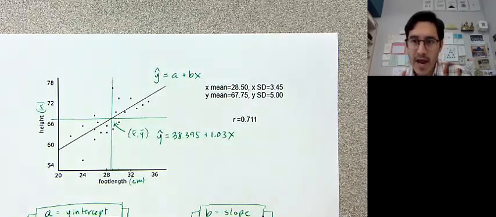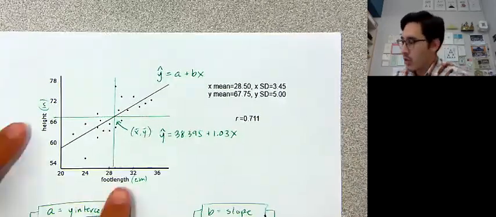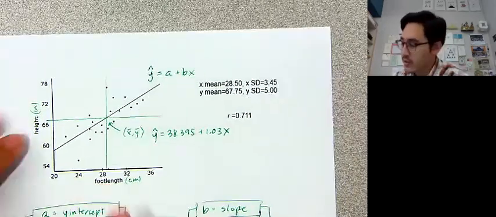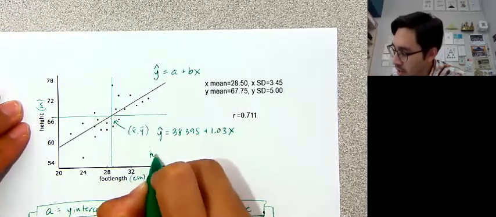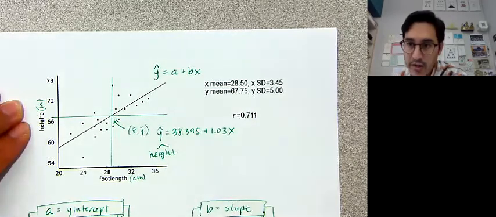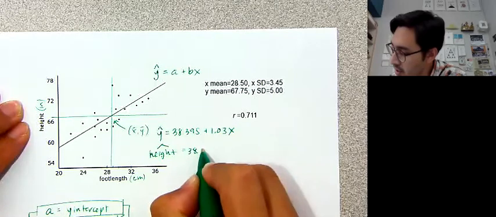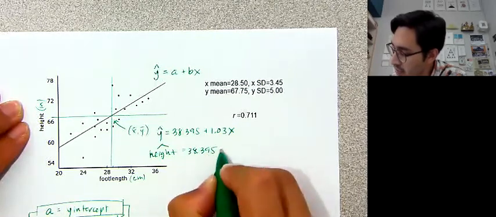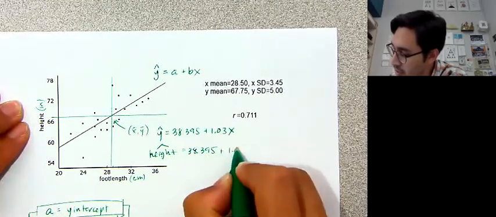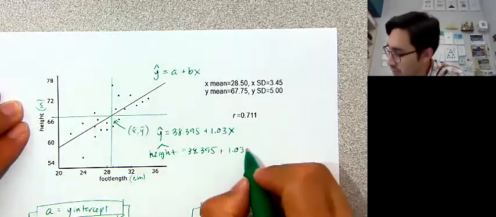Or we can add context, which means replacing the letters x and y with the actual names of the variables. So we could write the word height with a hat on it, so predicted height equals 38.395 plus 1.03 times x, which is going to be foot length.